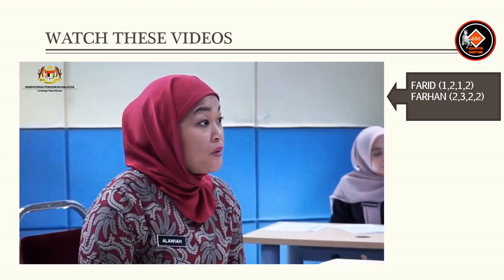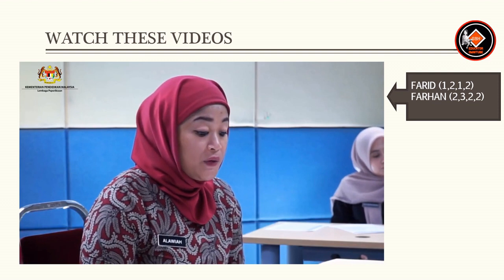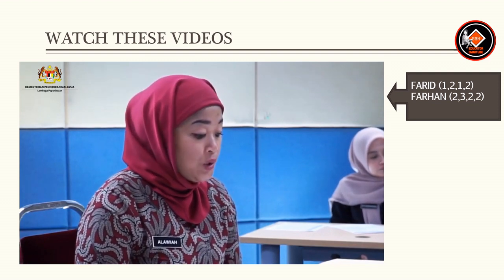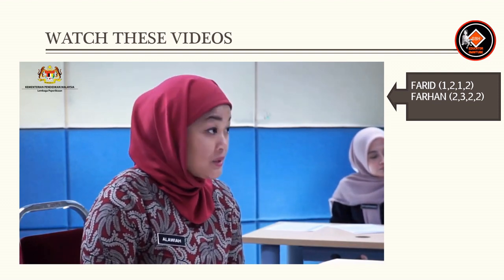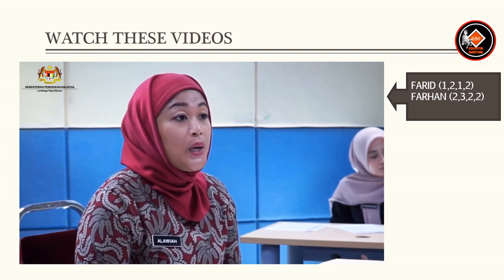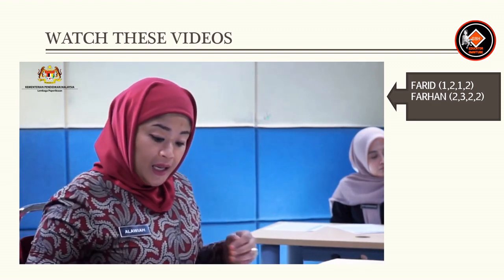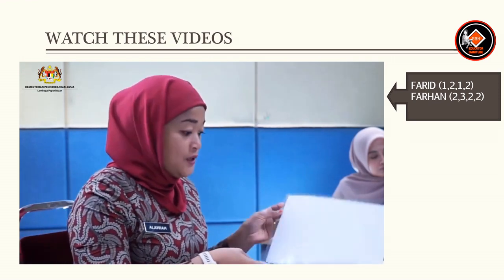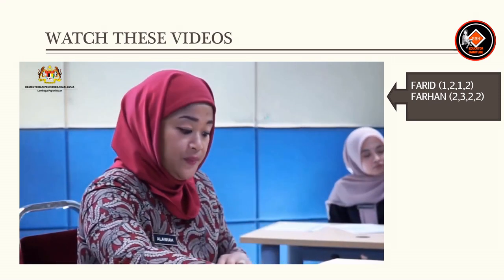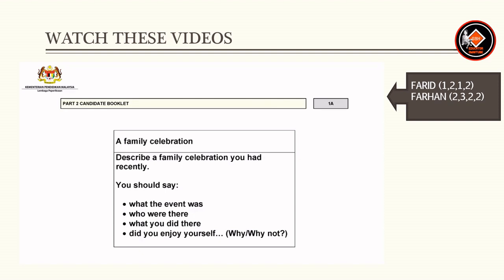Okay. In this part of the test, I'm going to give each of you a topic, and I'd like you to talk about it on your own for about a minute. You also need to answer a question briefly about your partner's topic. Farid, it's your turn first. Here's your task. I'd like you to talk about a family celebration you had recently.